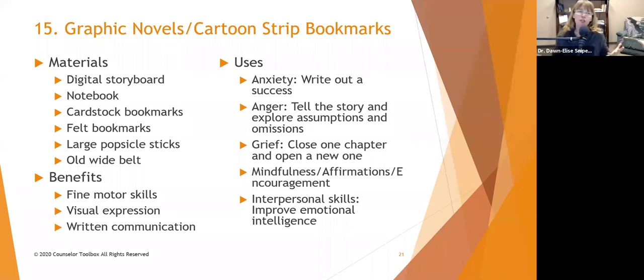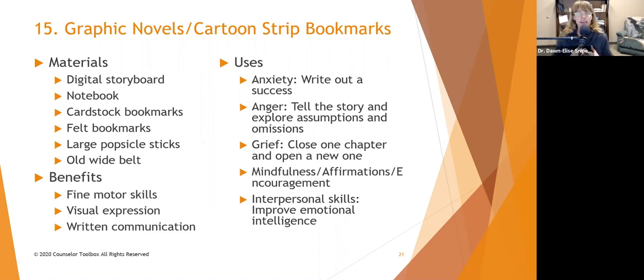You can use it for grief, and I love narrative therapy for grief, because when we lose something to death or something else, yes, it's not there anymore, but it doesn't mean it's gone forever, because our memories of it and the way it has affected us up until now have made us who we are.